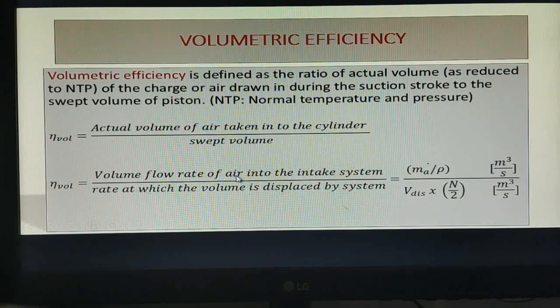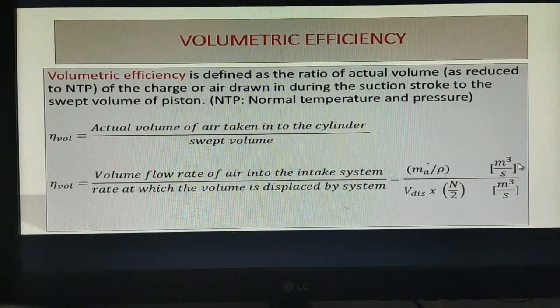Another way we can define volumetric efficiency is the volume flow rate of air into the intake system, in meter cube per second, divided by the rate at which the volume is displaced by the system, that is also in meter cube per second. Here m dot a is the mass flow rate of air in kg per second, and rho is the density in kg per meter cube.